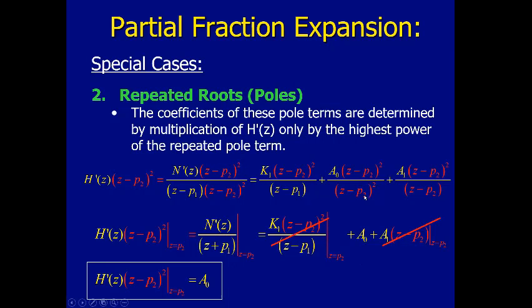So if we have a squared term here, we'll multiply the thing we're inverse transforming by that to the second power, which will totally cancel that squared term in the denominator. We'll evaluate it at that same pole value, and using the algebra again, we can demonstrate how that leaves behind nothing but the A0 term.